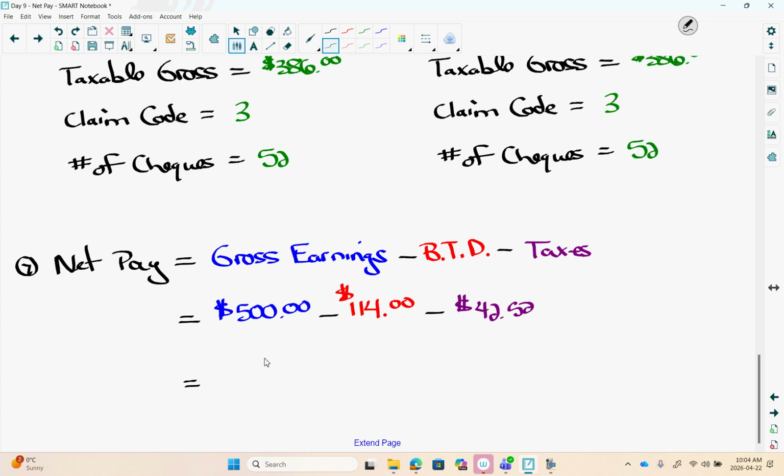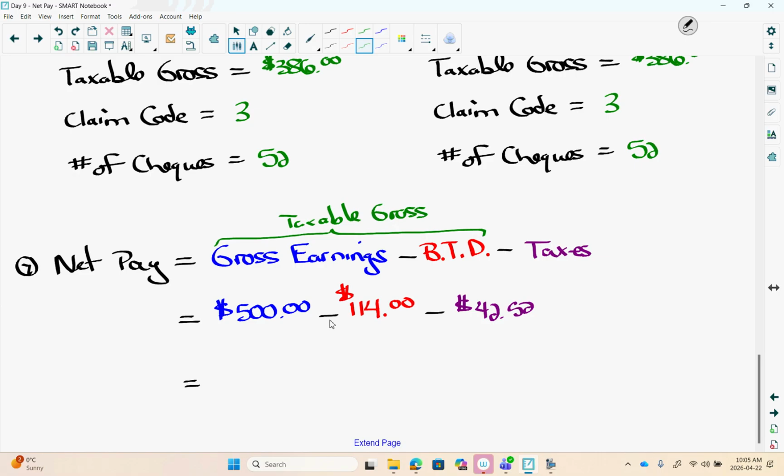Do you understand why some people would go taxable gross instead of writing gross earnings minus before tax deductions minus taxes? Like some people start, this right here is really the taxable gross. So they would start with the 386. They wouldn't subtract the 114.